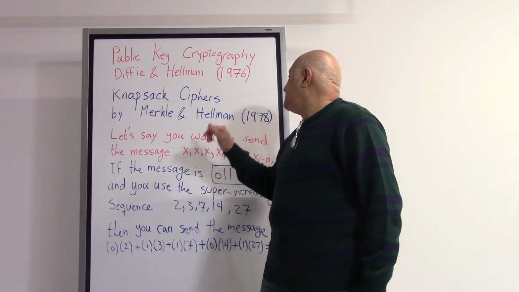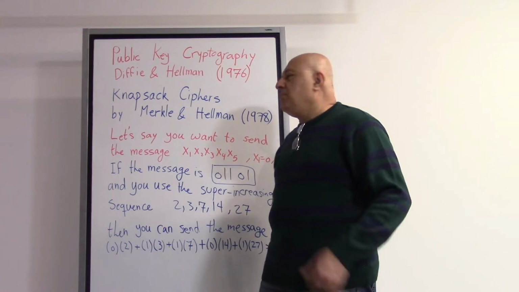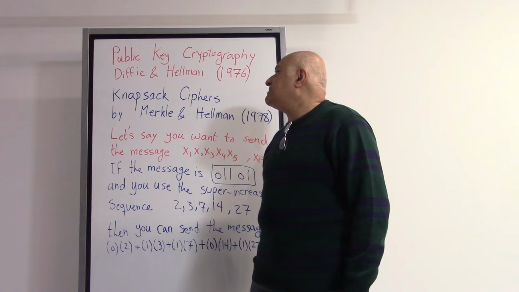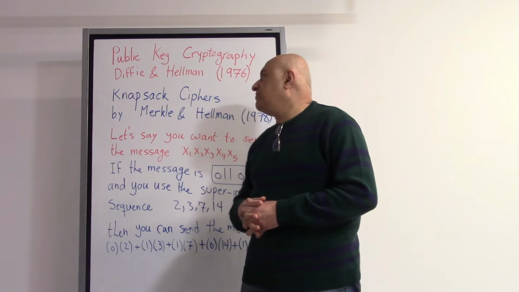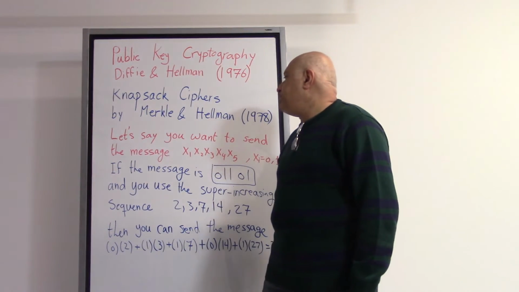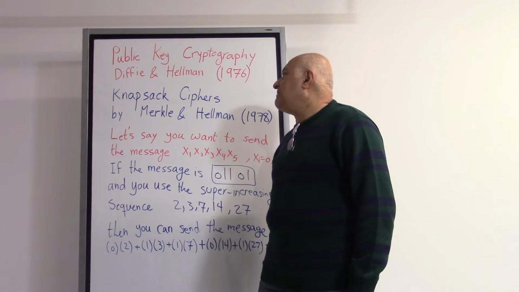Two years after that, in 1978, Merkle and Hellman suggested a special system of cryptography using knapsack ciphers. What is a knapsack cipher?